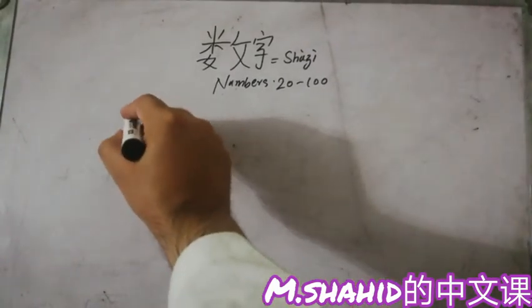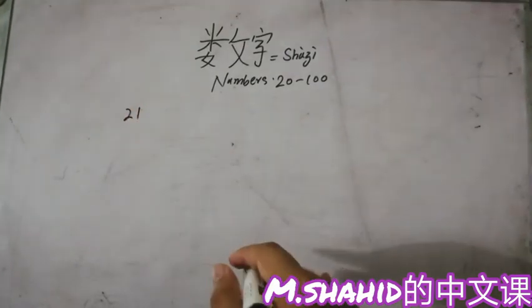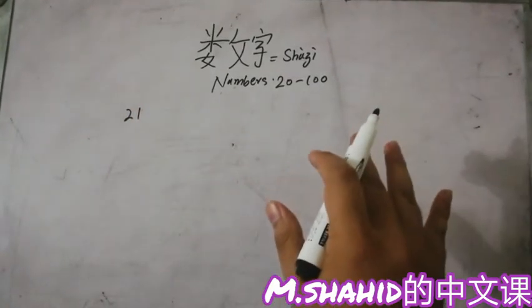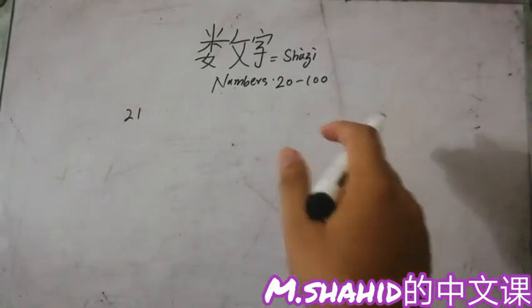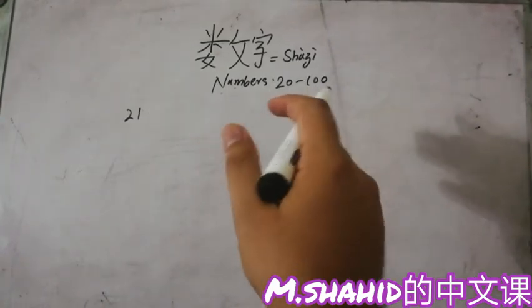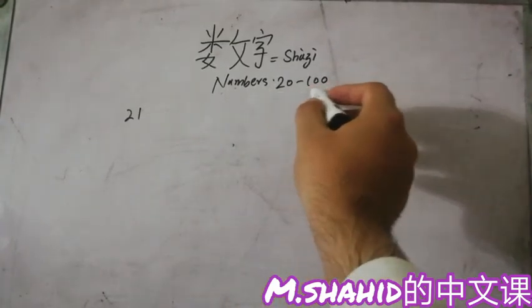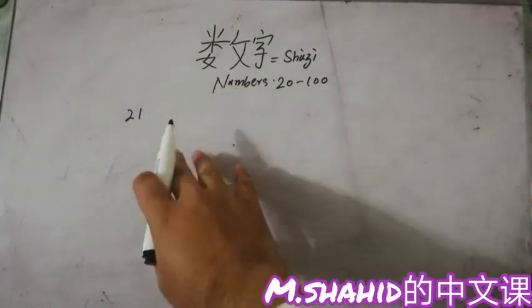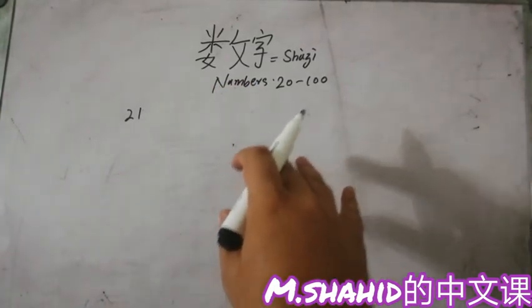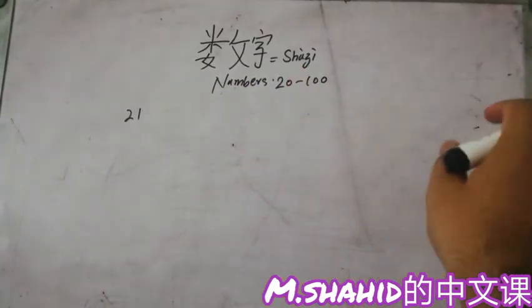If we want to write number 21, these are random numbers between 20 and 100, but we already know 20, 30, 40, 50, 60 till 90.